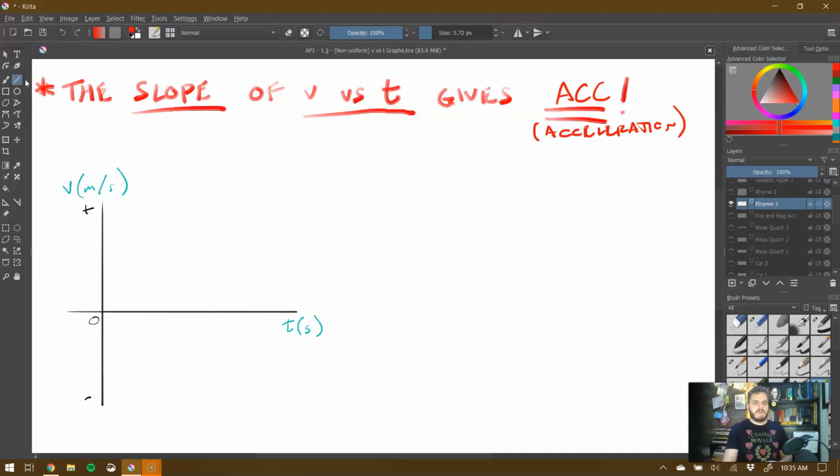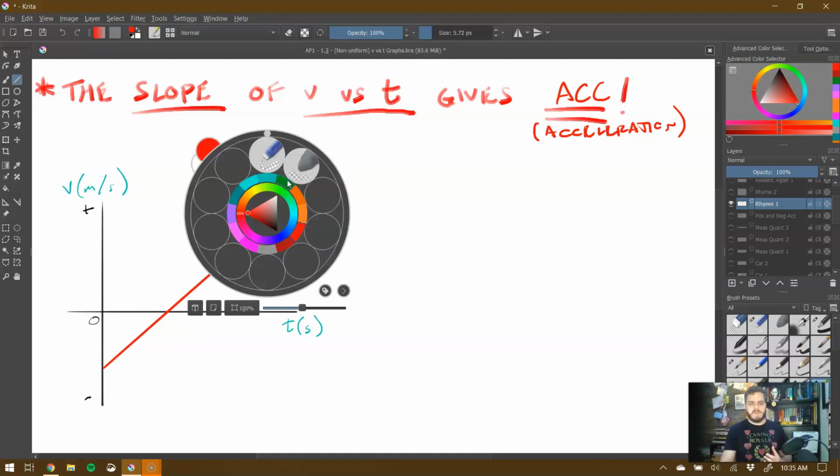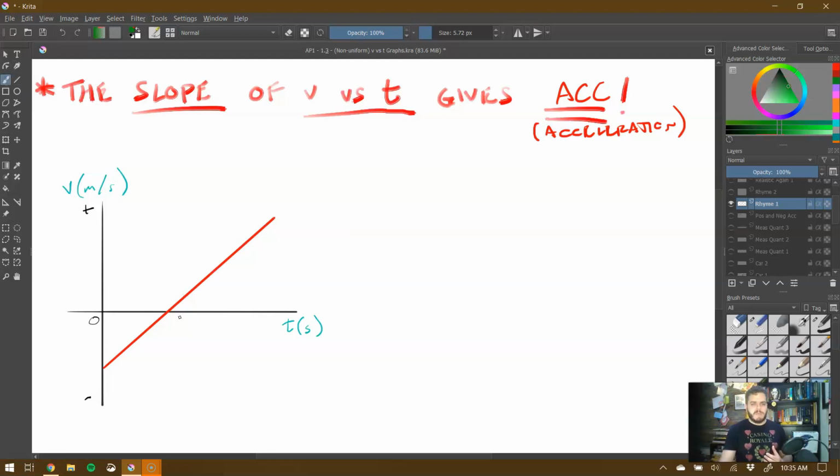But let's go back to a positive acceleration again. Let's say we start down here. Well, the slope never changes. So this is always a constant acceleration because the slope is constant. And additionally, it's always going to be positive. But what do these two different segments mean? Well, let's first look at this one. If I look from here to here, I am moving away from 0 and then going to a higher number in the positive direction.